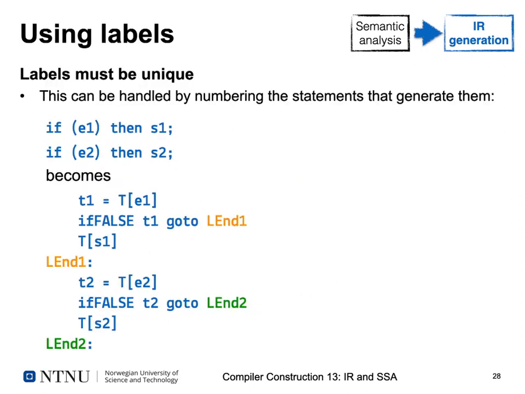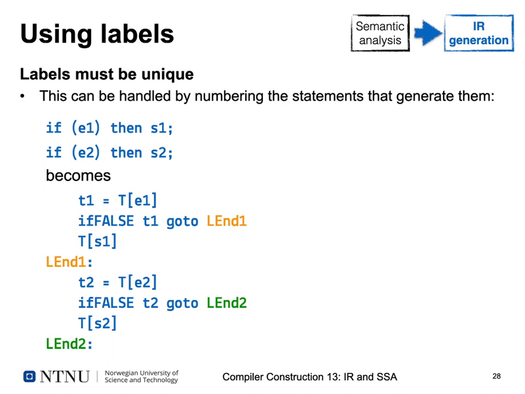Now, one problem that shows up when we are considering intermediate representation generation is that we generate a large number of labels. And the problem is when we want to analyze and translate this intermediate representation later on, we need to ensure that these labels are unique. Now, this can be easily handled by just numbering the statements that generate the labels.